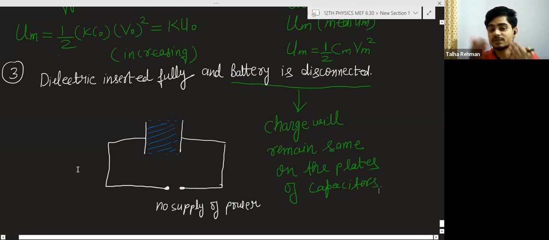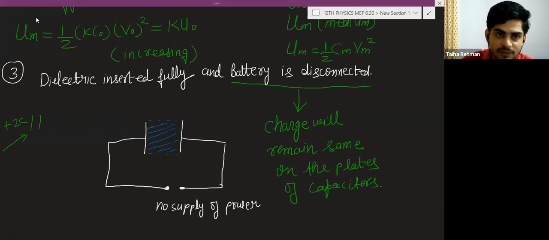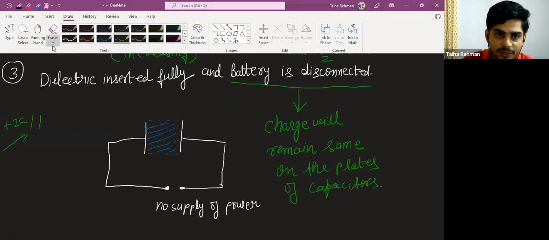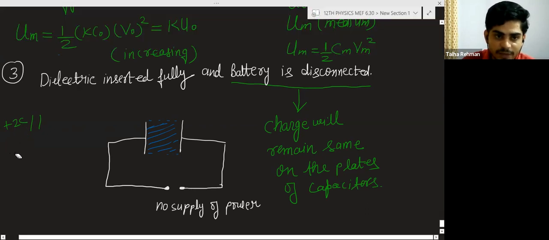So the charge will remain the same on the capacitor. Suppose this is a capacitor and the battery has given a charge of plus 2 coulomb. Now you remove the battery. Battery is removed, so this charge will remain the same. So this is the case.